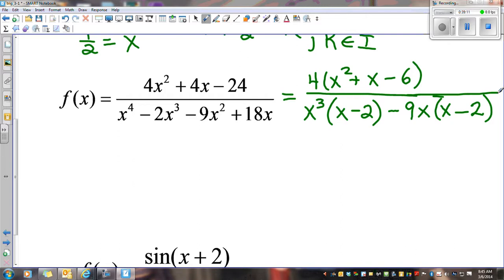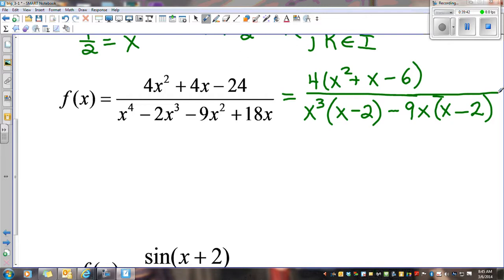Somebody did say we could have taken out an x, but I'm not sure that really would have helped us. But by looking for patterns, what I usually do is I try to pick 2 of them. So I pick the first 2, and then I pick the last 2 to see if I saw a pattern. Sometimes it doesn't work that way. Sometimes it's the first one and the third one, the second and the last one. You've gotta look for the patterns, okay?